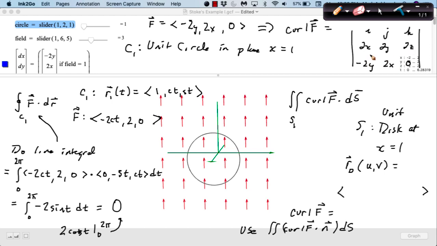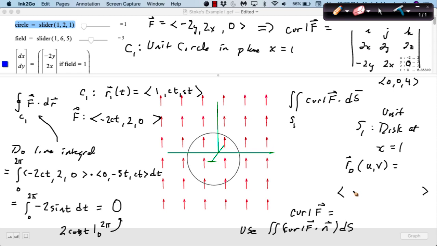Partial of z with respect to y, 0. Partial of x was 0. K is 2, is it 4? 0, 0, 4? And that agrees with these red vectors, right? Just all in the positive z direction. I'm showing the curl vectors for that vector field. 0, 0, 4.